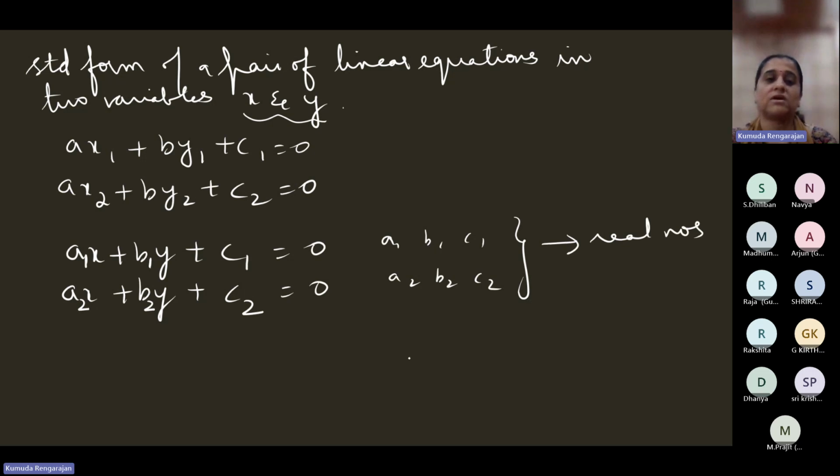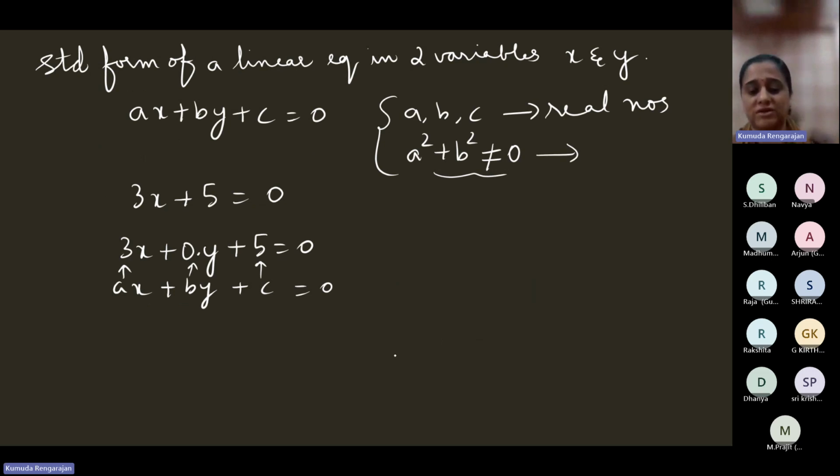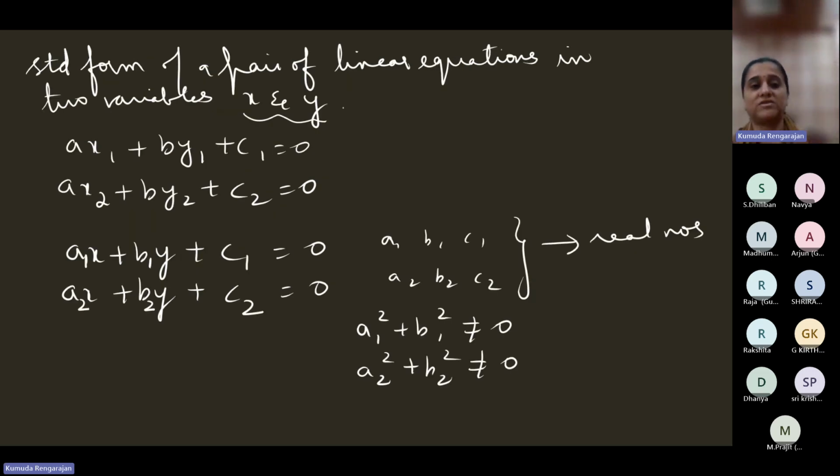Most important condition, a1 square plus b1 square should not be 0, and a2 square plus b2 square should not be 0, meaning in the first equation, both a1 and b1 should not be 0 at the same time. In the second equation, both a2 and b2 should not be 0 at the same time. That is what is implied by these two conditions.